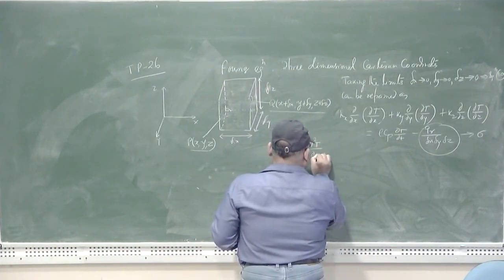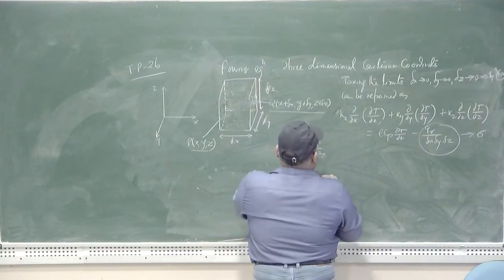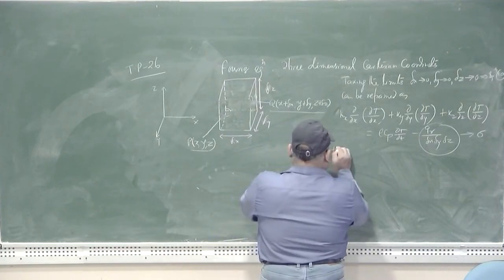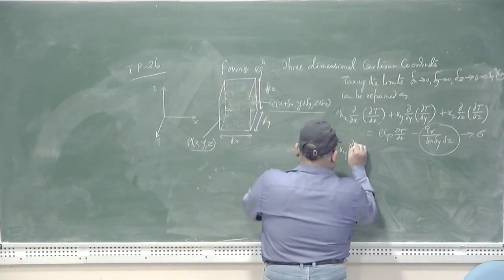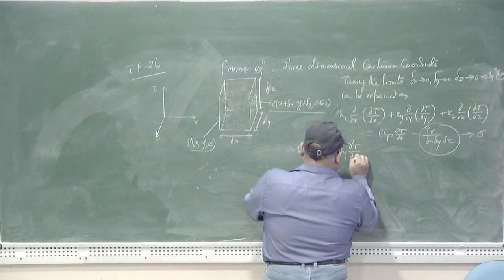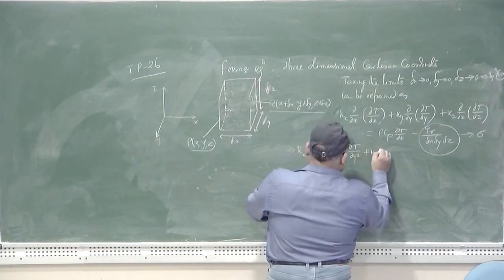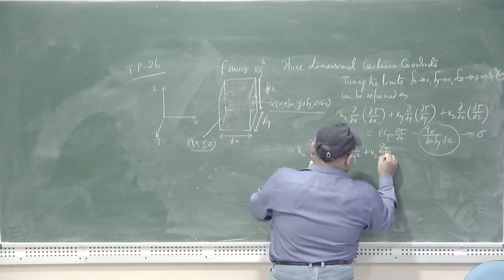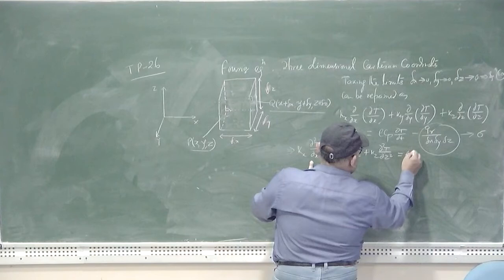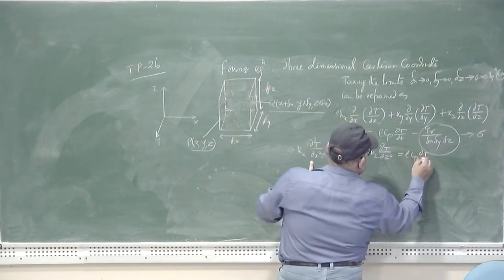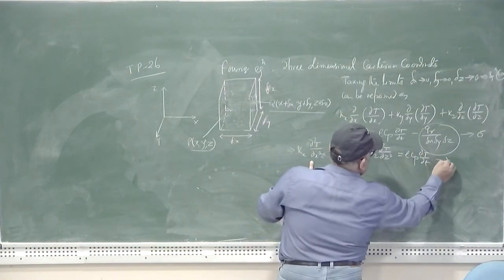So it can be written as, for the time being, kx ∂²T/∂x² plus ky ∂²T/∂y² plus kz ∂²T/∂z², that should be equal to rho cp ∂T/∂t minus sigma.